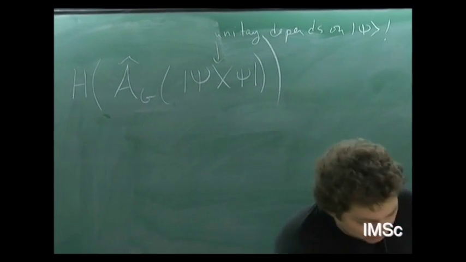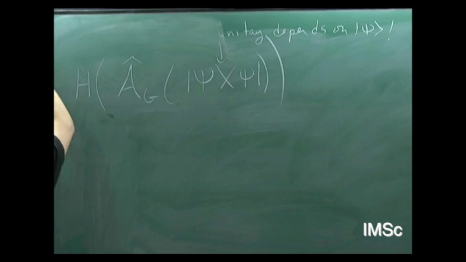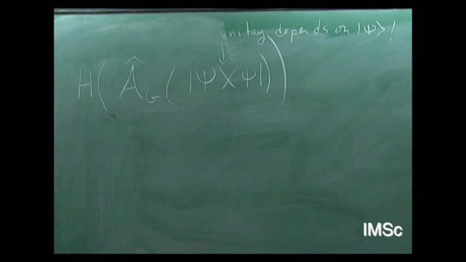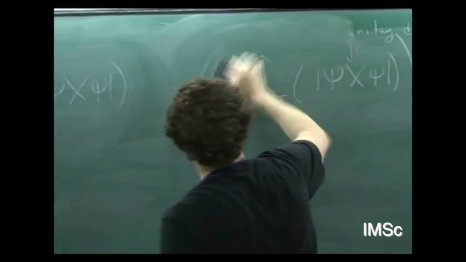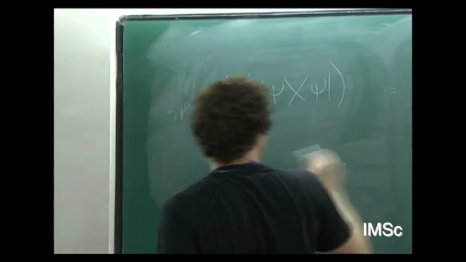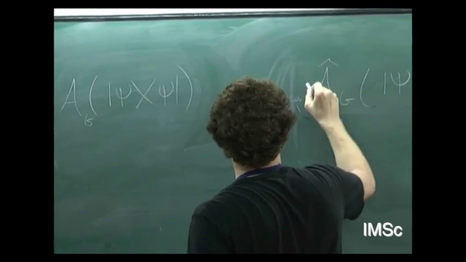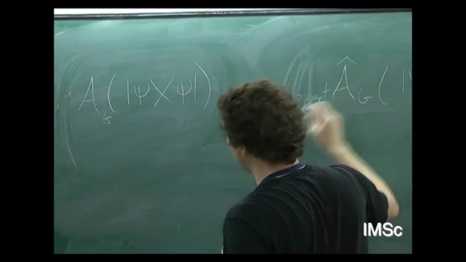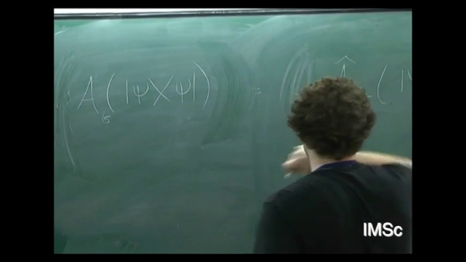Well, actually, basically what I want to say is not only are the entropies equal, the spectra of the two states are equal. The spectrum of this state is equal to the spectrum of that state.